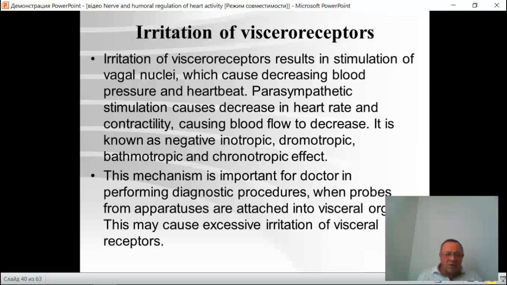It is known as the negative inotropic, dromotropic, bathmotropic, and chronotropic effect. This mechanism is important for a doctor performing a diagnostic procedure when probes from an apparatus are attached to a visceral organ. This may cause excessive irritation of visceral receptors.